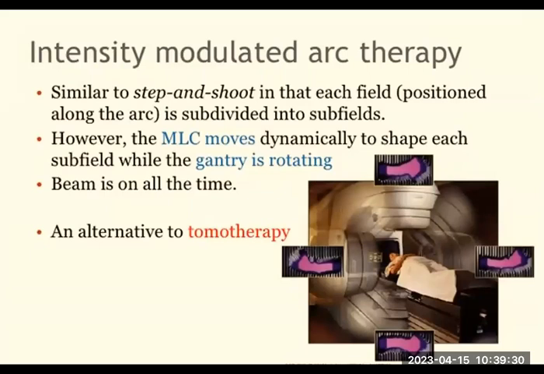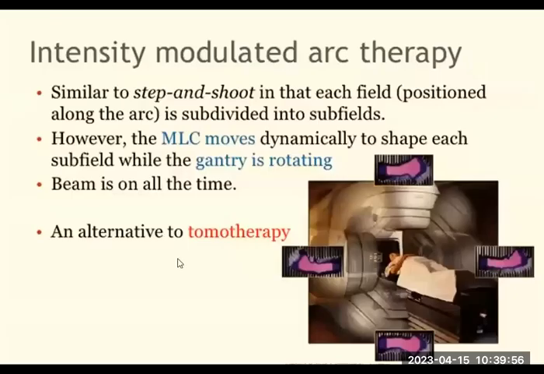So the beam is on all the time, an alternative to tomotherapy. You can see that the patient is kept still and the gantry moves around the patient. When the gantry is rotating, the collimator moves dynamically, and each subfield is applied on a time basis.